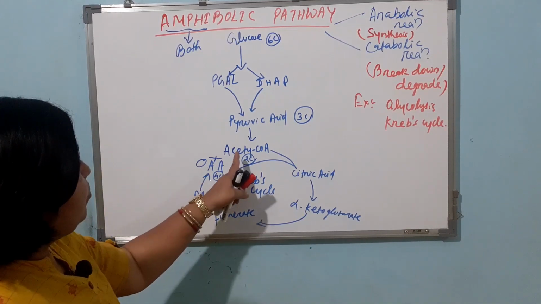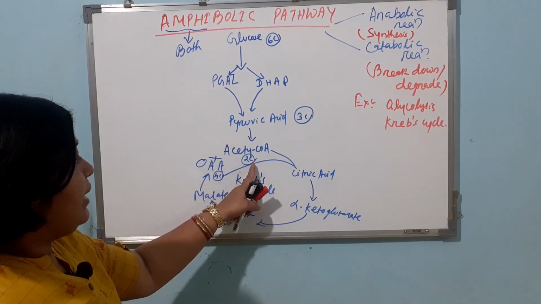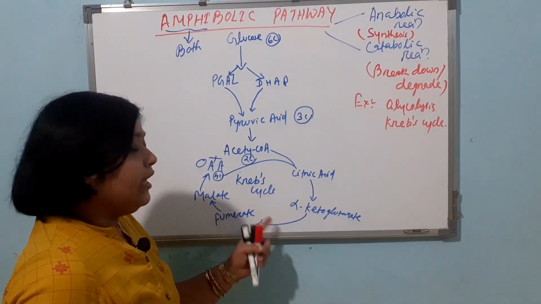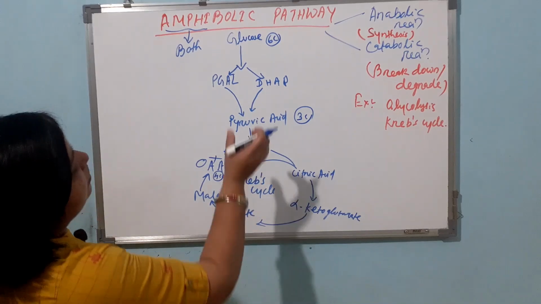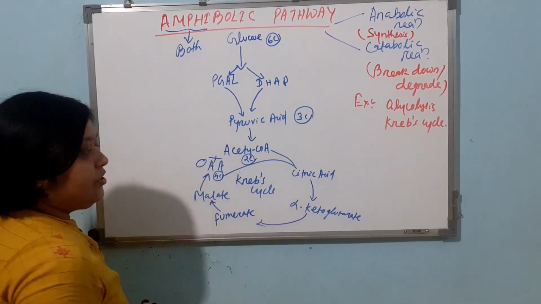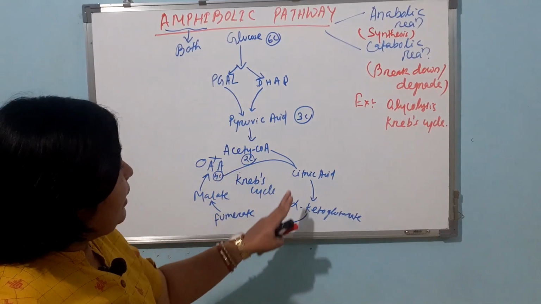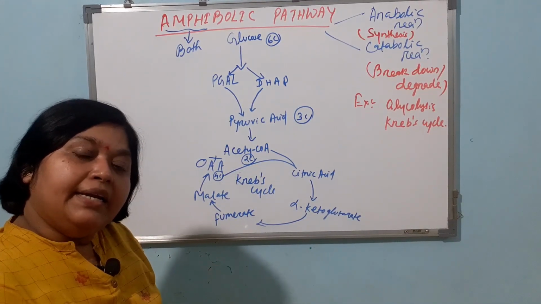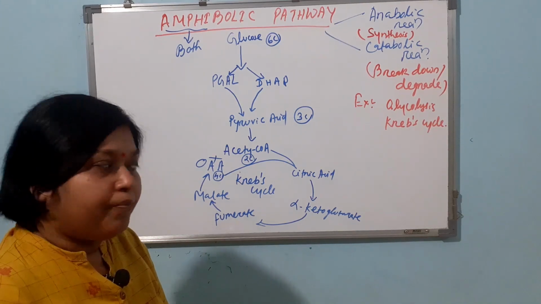Then it combines once again with acetyl coenzyme A to start the Krebs cycle once again. So this is a catabolic reaction, and during this Krebs cycle we are getting ATP, NADH2 and FADH2.